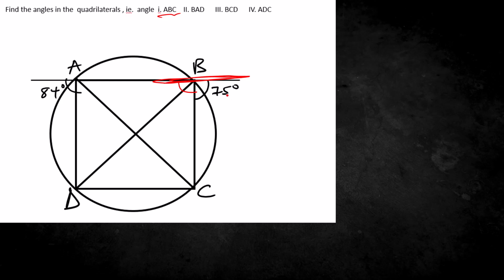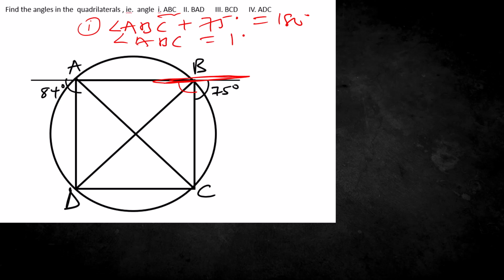So 75 plus ABC will give us 180. Therefore, angle ABC is 180 minus 75, which is 105. So angle ABC is 105 degrees.